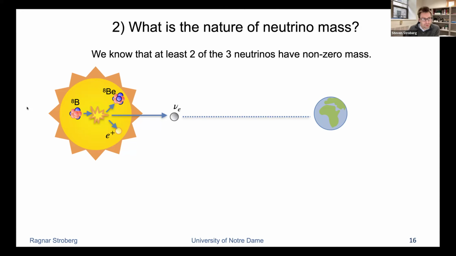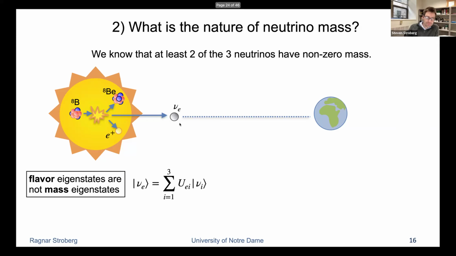And people can do solar models and know what to expect, how many neutrinos we should expect to see coming from the sun. And when people then were able to detect neutrinos, there were not as many neutrinos as expected. So this was the solar neutrino problem, which was confusing for a while. But basically the solution is that neutrinos have mass and they oscillate.